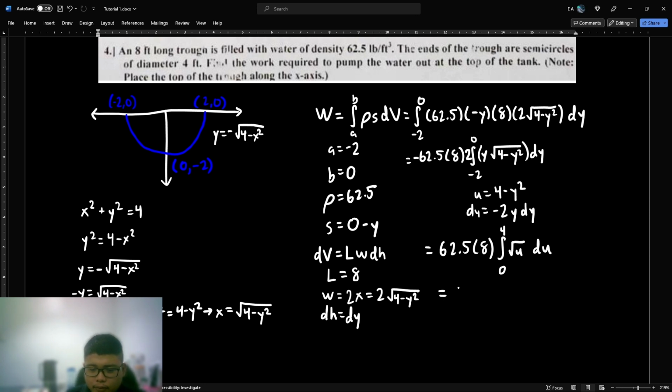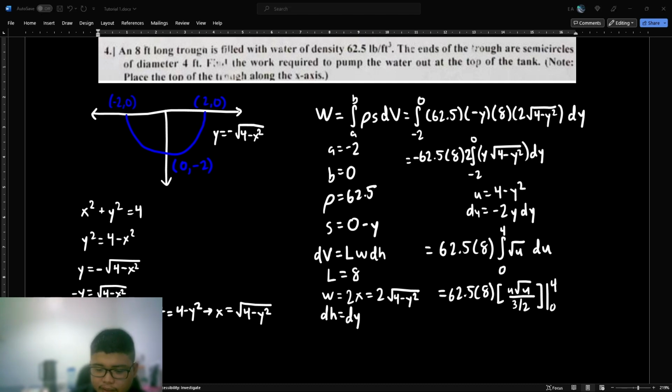This is equal to 62.5 times 8 times the integral. Let's already evaluate the integral. This would be u to the 3 halves over 3 halves, evaluated from 0 to 4.